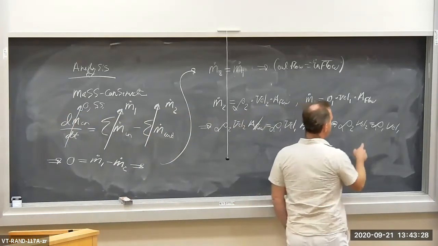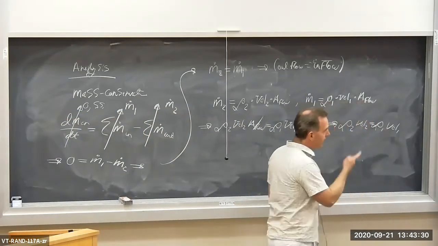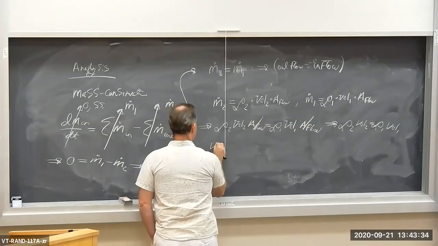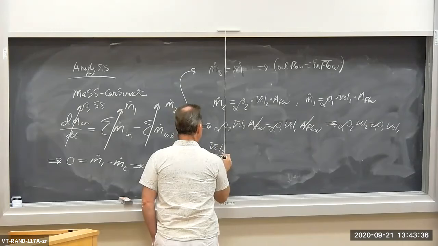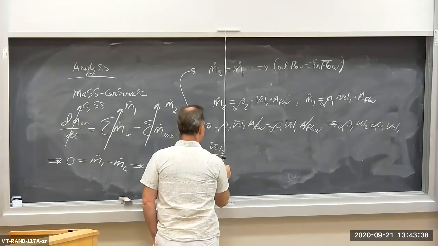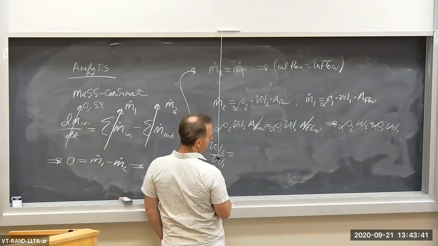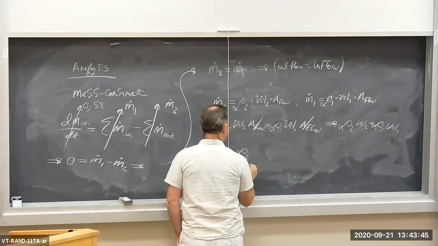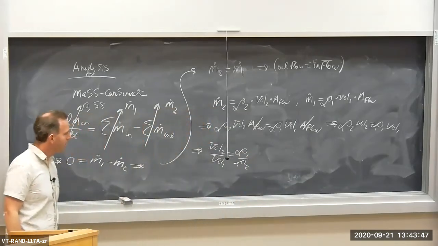Let's solve for the ratio V2 over V1, which is what we want. Velocity at the outlet divided by velocity at the inlet is equal to density at the inlet divided by density at the outlet.